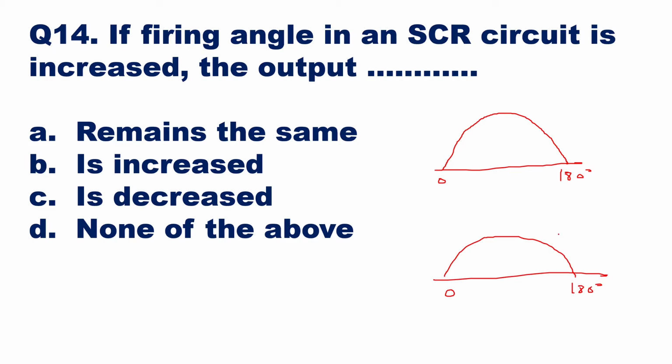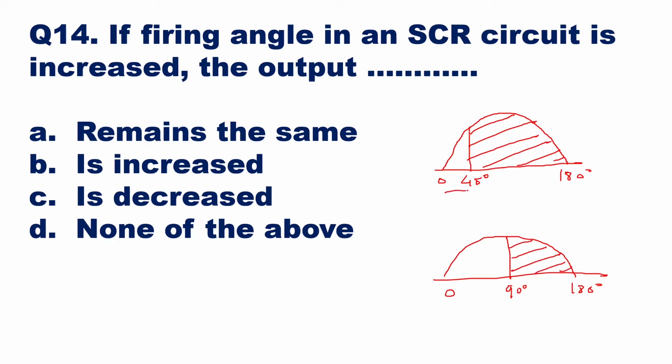Now if the firing angle in the first case is, say, 45 degree, and the firing angle in the second case is 90 degree, in the first case the output voltage will be getting this part of the voltage, and in the second case the output will be getting this part of the voltage.